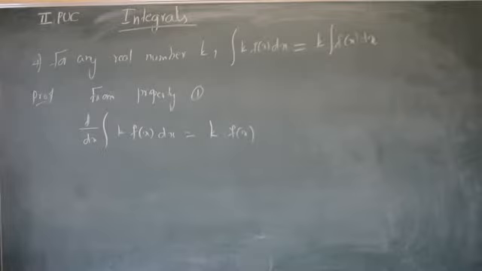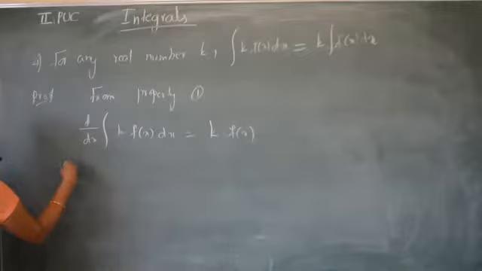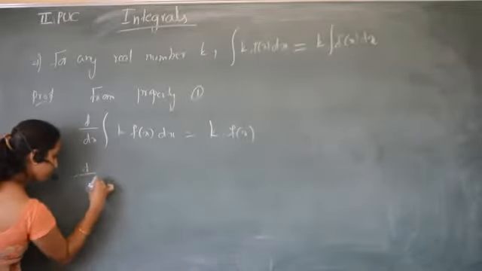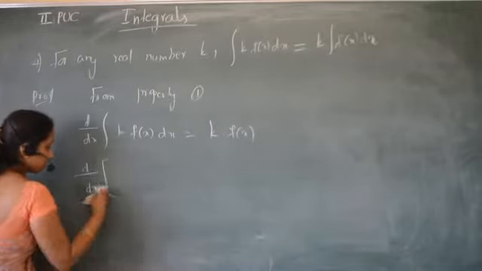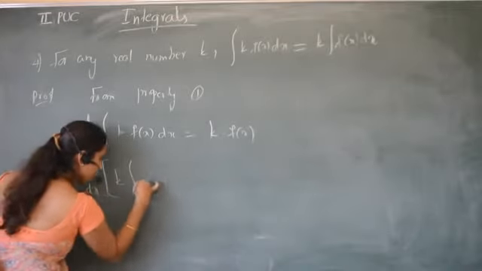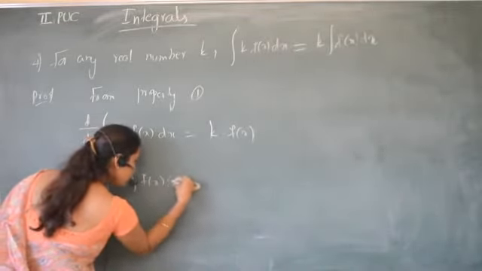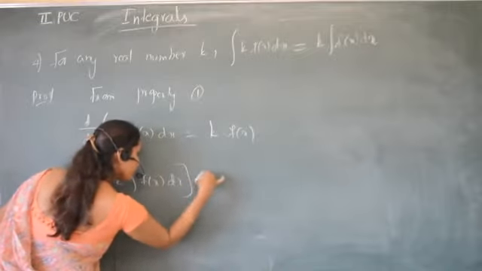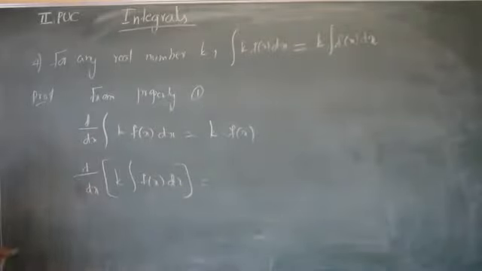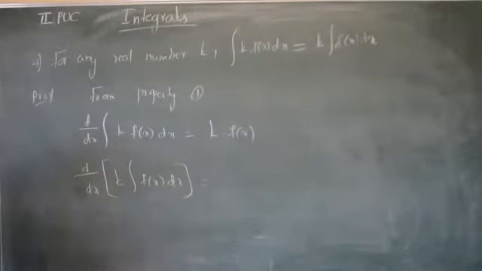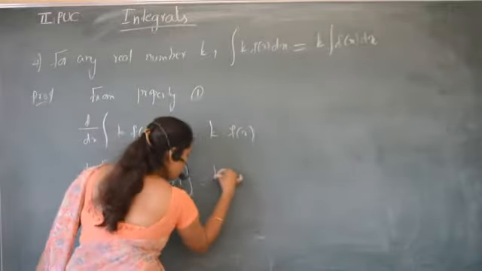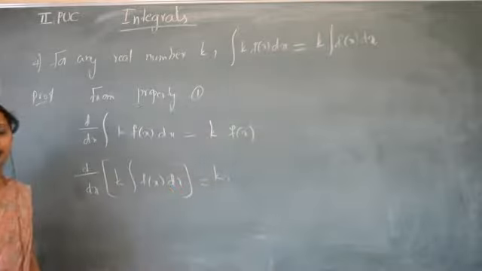And also we know that the derivative of a constant into a function, if I consider that function as integral of f of x dx, will be equal to the constant into the derivative of the function.